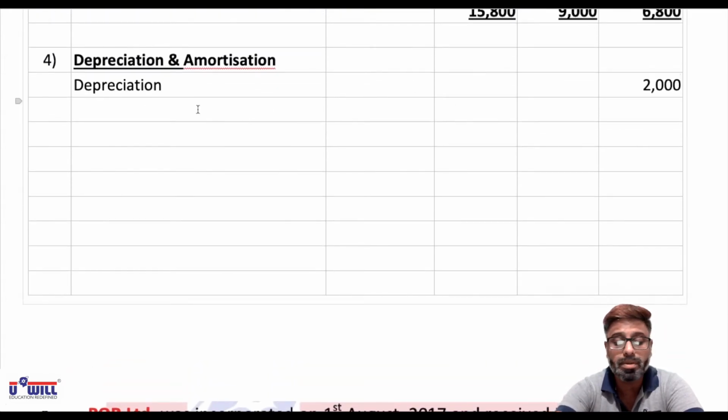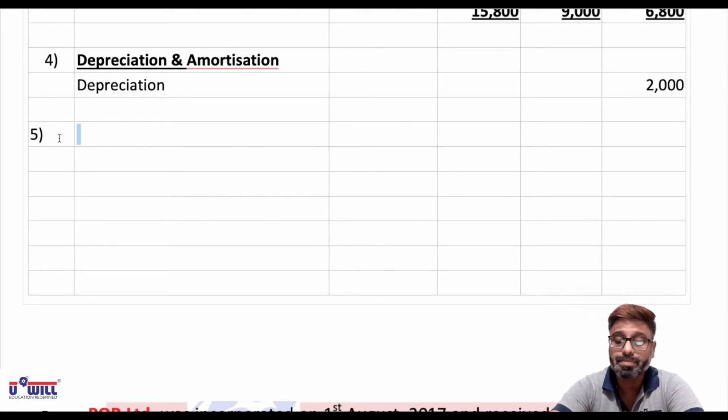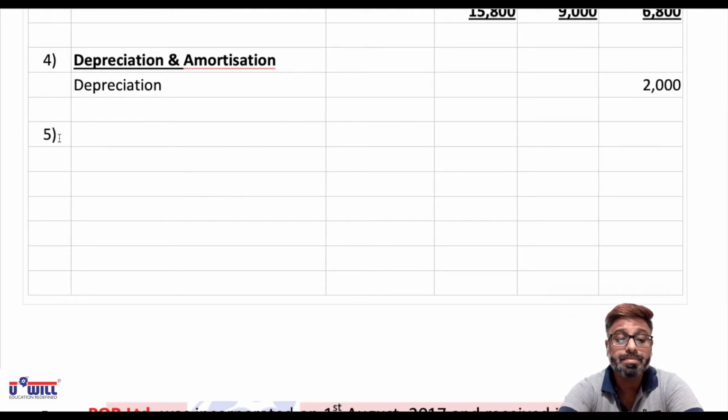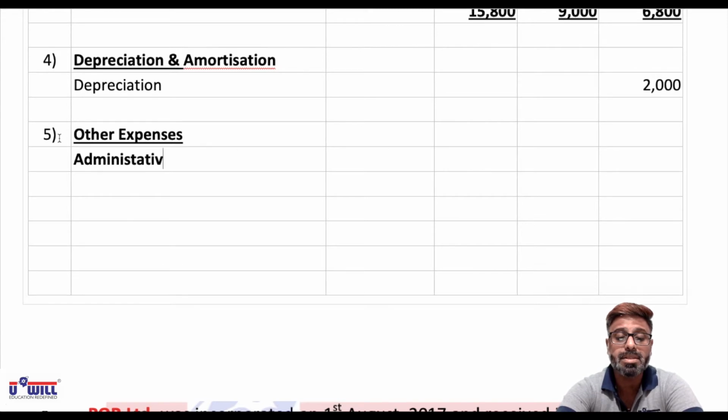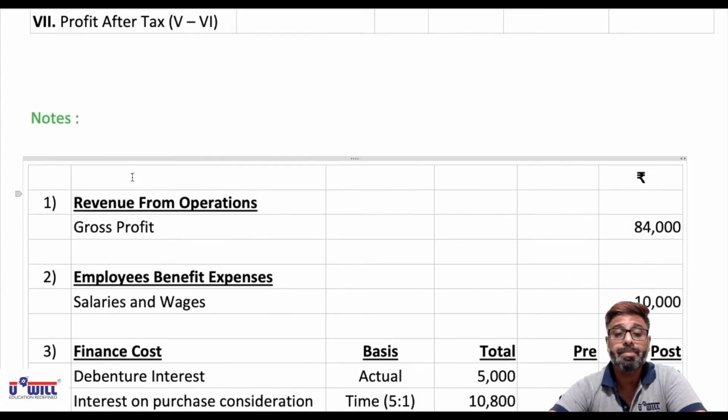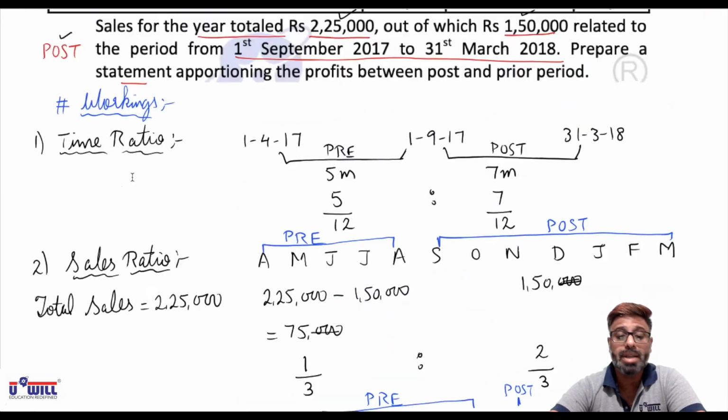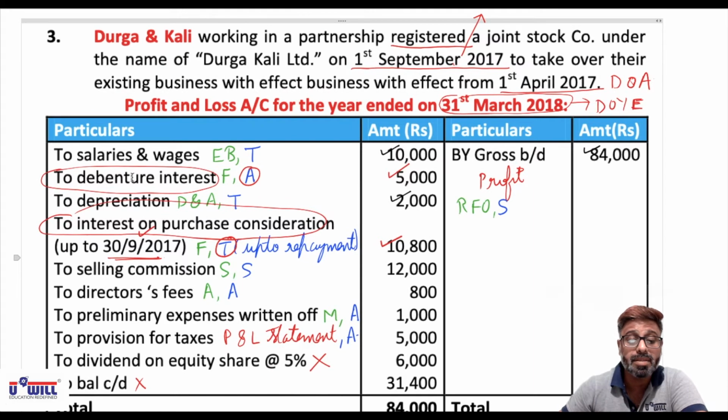Then the fifth note, do. O stands for other expenses. Within other expenses, we have administrative expenses, selling expenses, and miscellaneous expenses. So first, administrative expenses. All the items marked as A with green letters are administrative expenses.